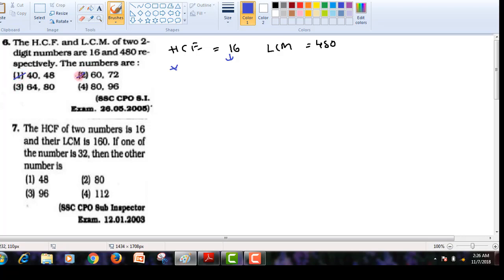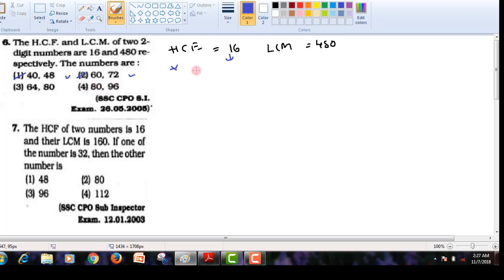We are eliminating these two options because the two numbers we need to find must be multiples of 16. So 40 and 48 are not multiples of 16, and in the same manner 60 and 72 are not multiples of 16, so we can eliminate them. Then the third and fourth options are multiples of 16, so definitely one of them is the answer.